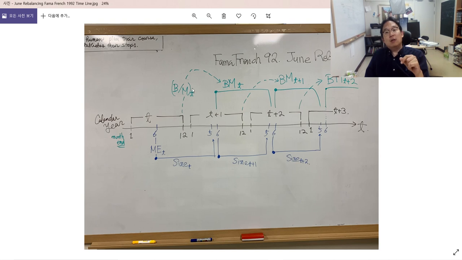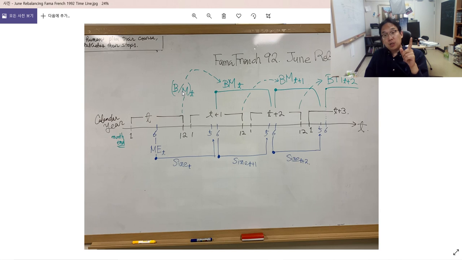At the end of each fiscal year, but it's going to be observable after a certain point, 5 months or 6 months later. And then Fama and French said let's assume this PB ratio is observable from June of the next year, T+1, so 2019, 2020.